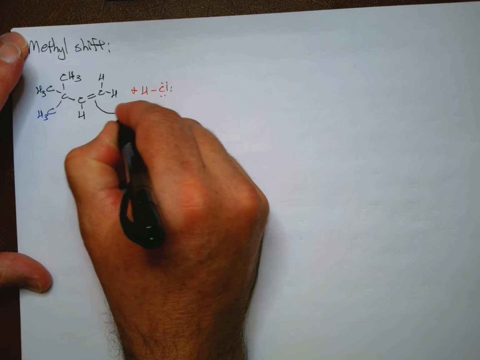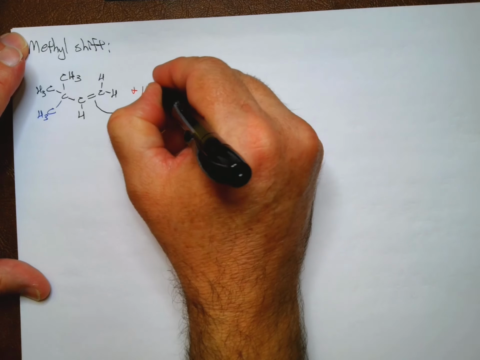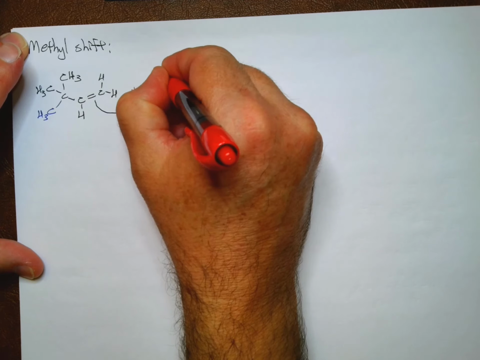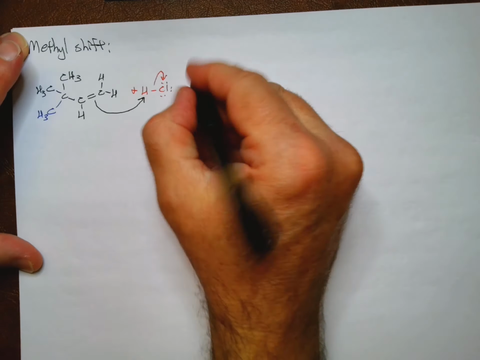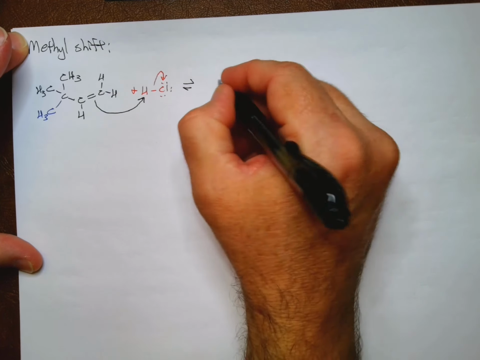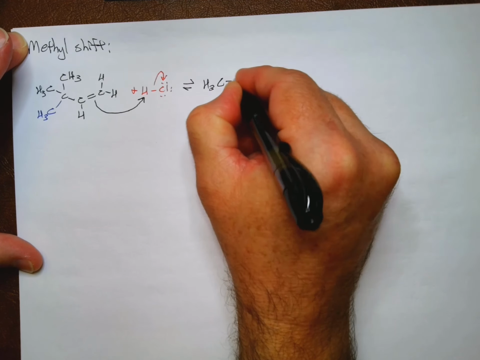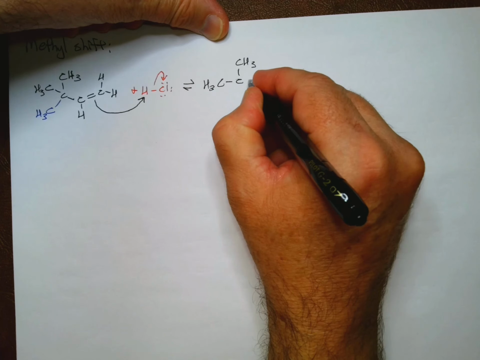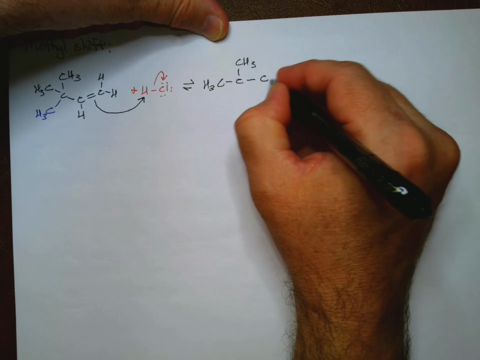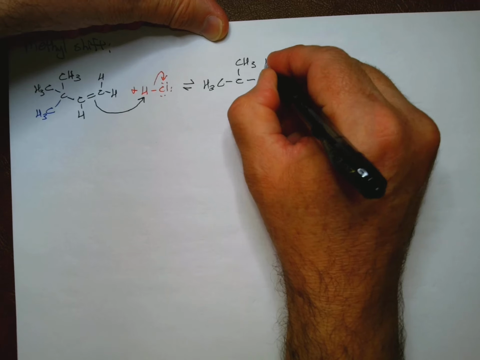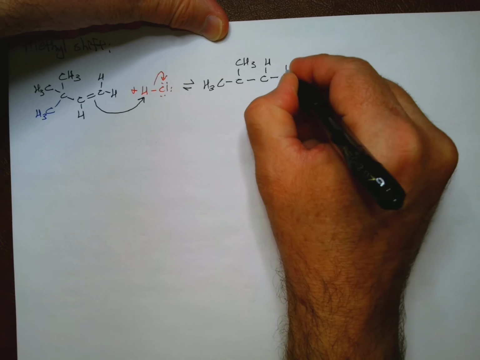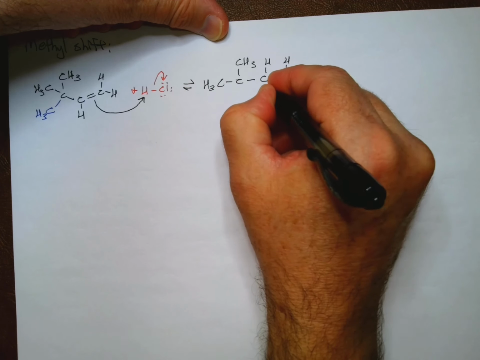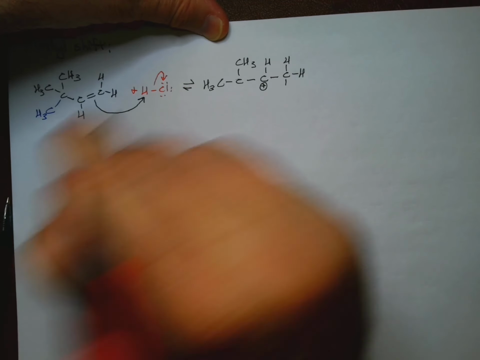I'll go ahead and have my proton get plucked off. Now I'll have H3C, C, CH3, C, H, C, H, H. I have a positive charge there.